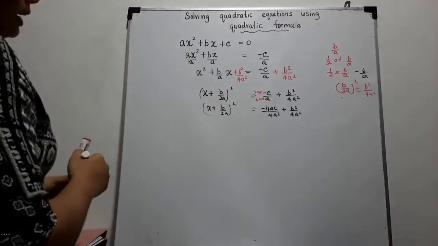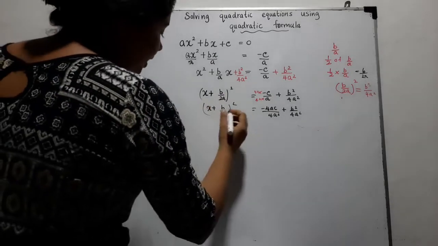Now we are going to find the value of x, so we obtain the square root of both sides.